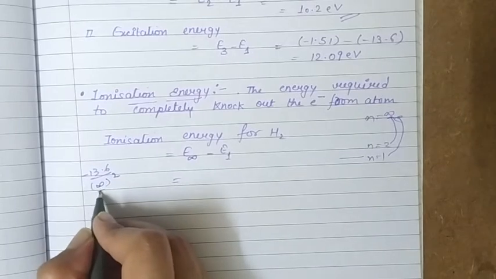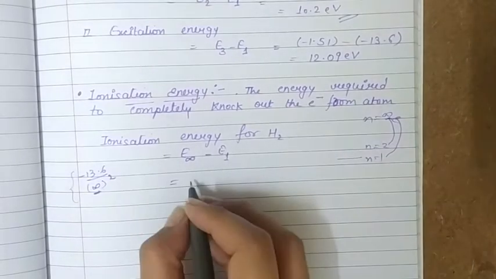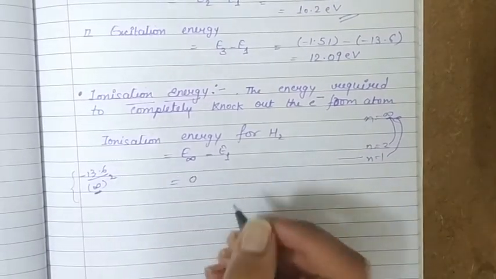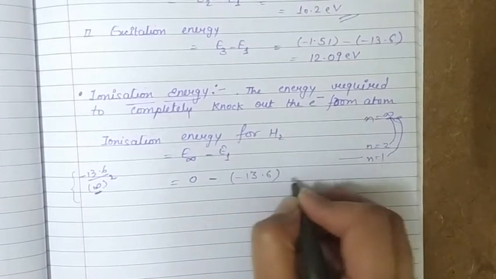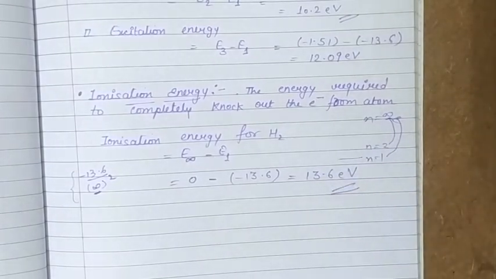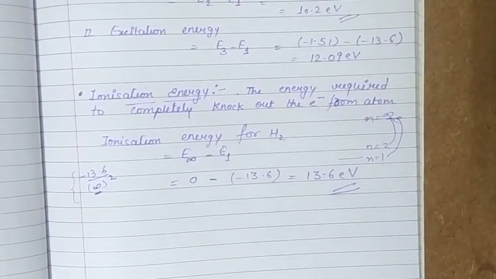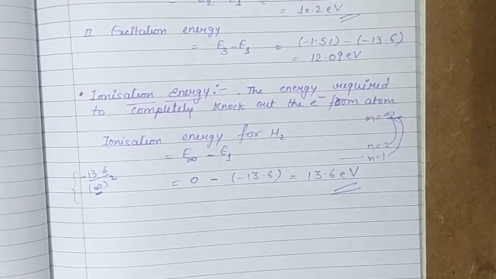Now we have infinity in the denominator, which means this is 0, the value for it is 0. So 0 minus (minus 13.6) means we will get the answer 13.6 eV. So this much energy is required to ionize the hydrogen atom. So these were the energies, excitation and ionization energies.